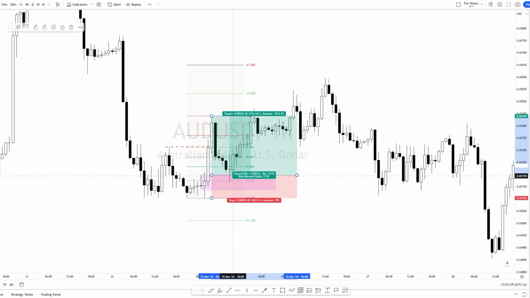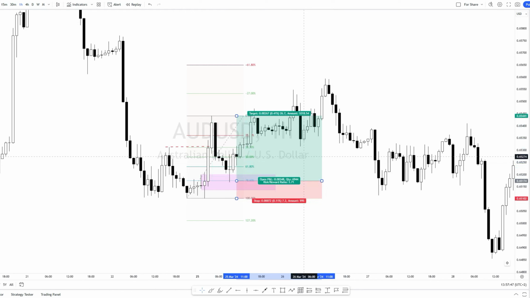Okay, so if this is my order block, and if I were to put it at, for example, 78, regardless, in this case it hit, but it is not always hit obviously, but many of them would be hit. Then I could still aim for a 3.7 ratio, which is still really good.